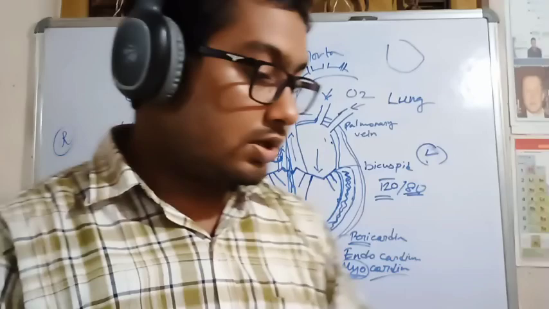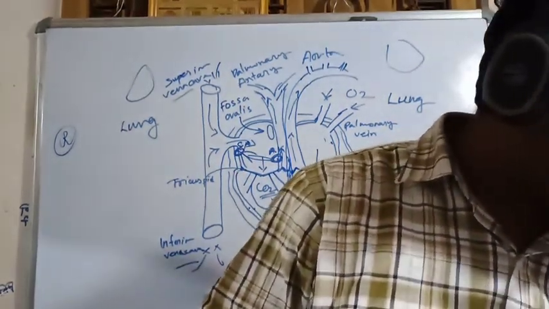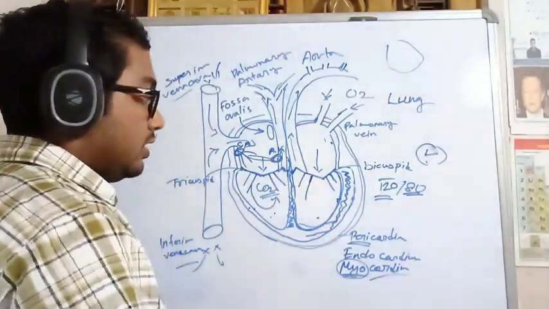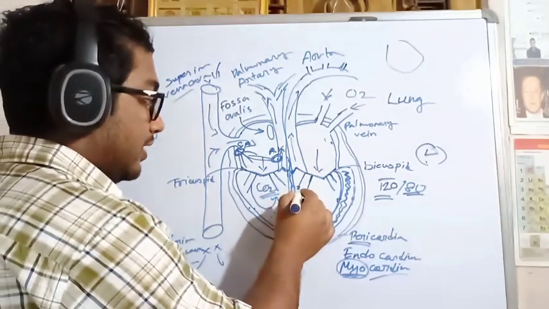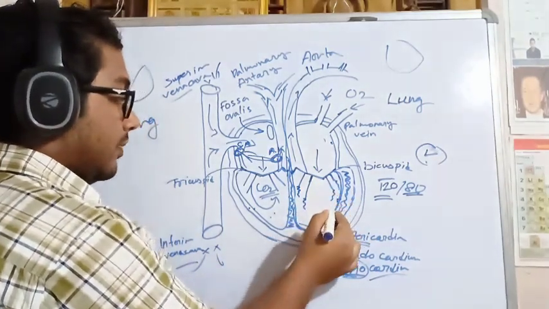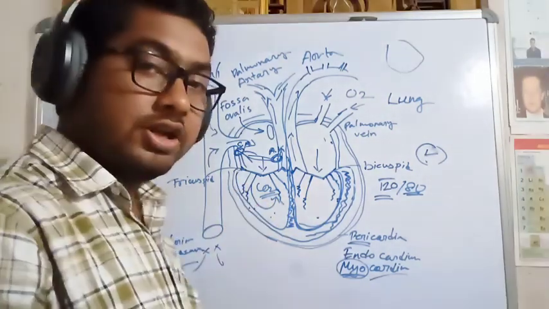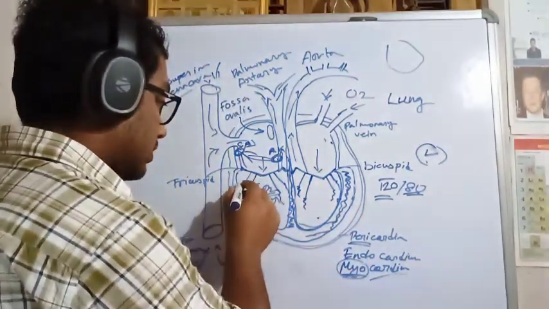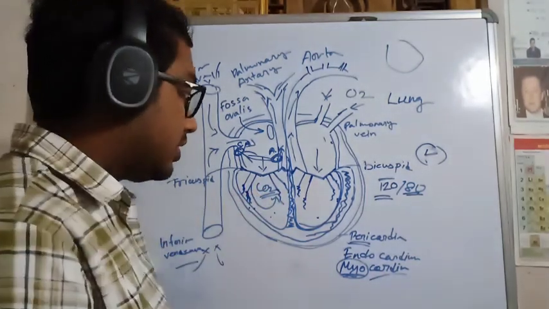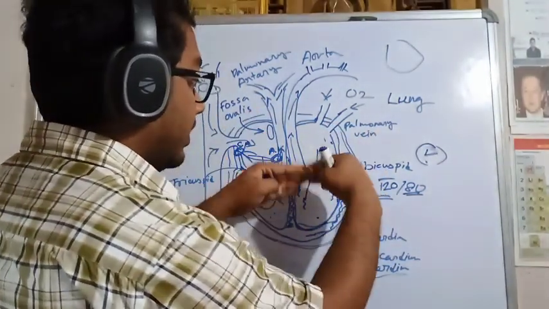These are called chordae tendineae, and they are connected with the papillary muscles, which are in the wall of the heart. So just remember the name is chordae tendineae, a cord-like structure. That is why the valves open and resist over-expansion.